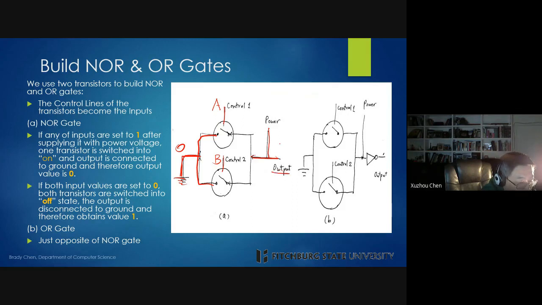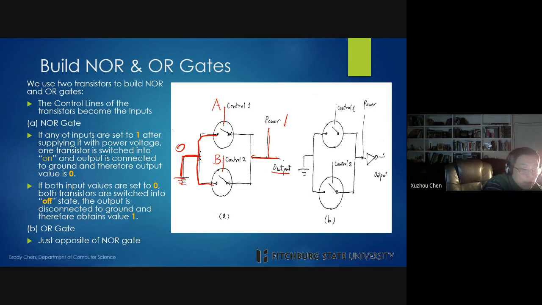This side is always 1. Unless the output is grounded, the output is going to have the same value as 1. So let's discuss various different scenarios.